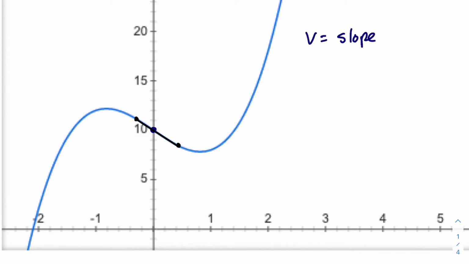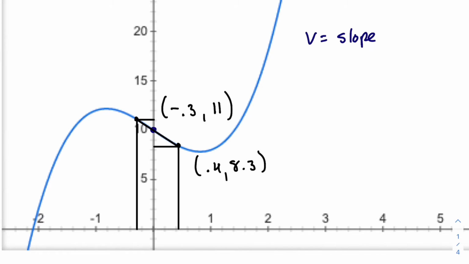So we can estimate the slope by finding the slope between two points, which we get by estimating them. This point looks like it's at 0.4, 8.3. The other point looks like it's at about negative 0.3, 11.